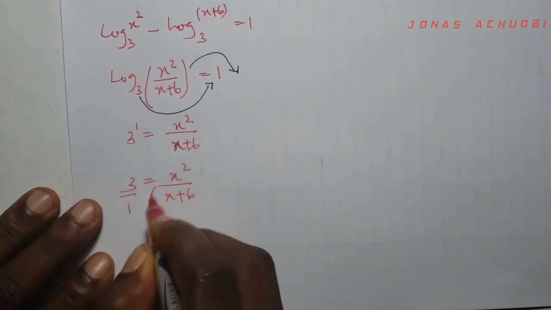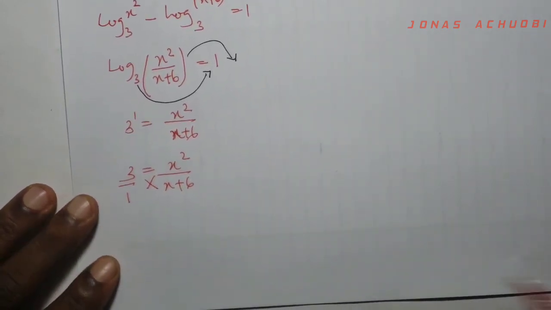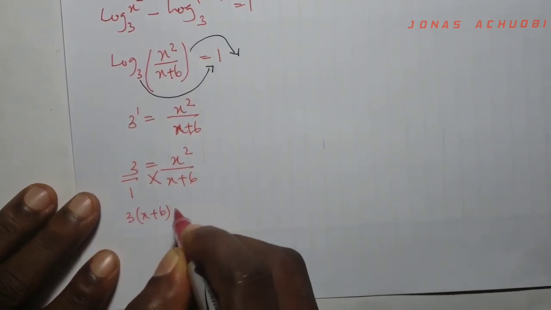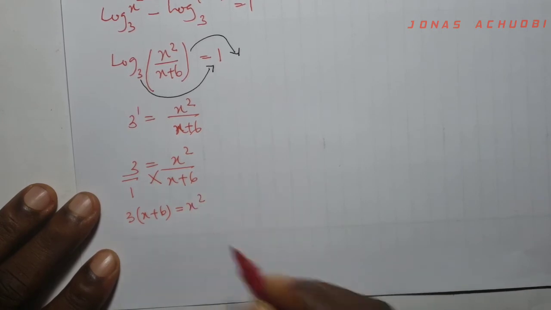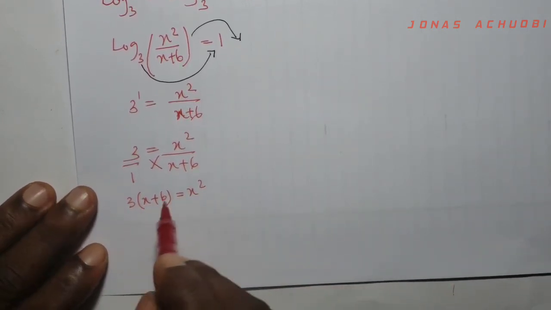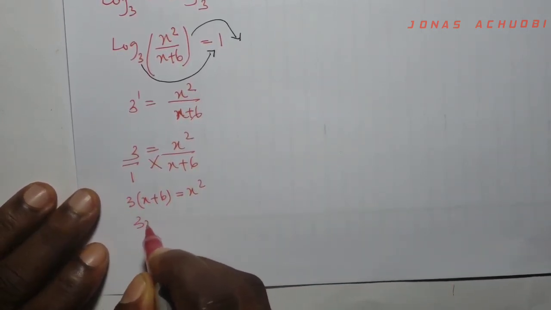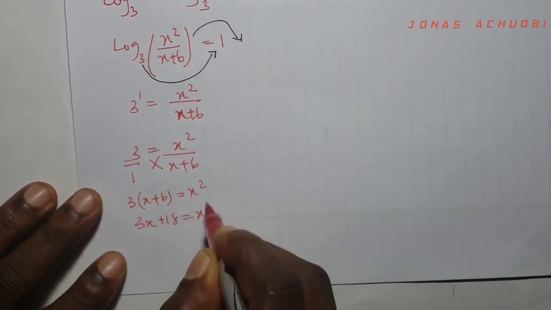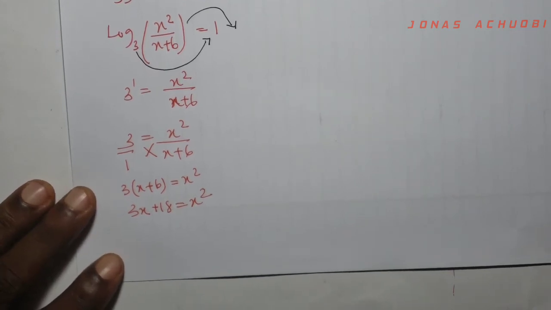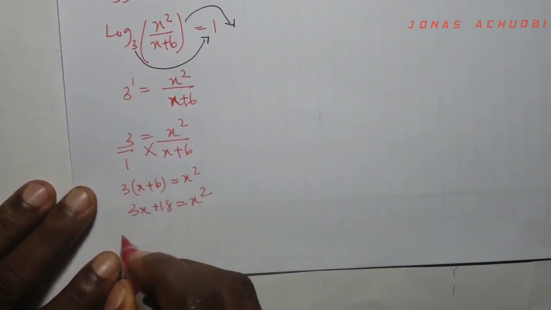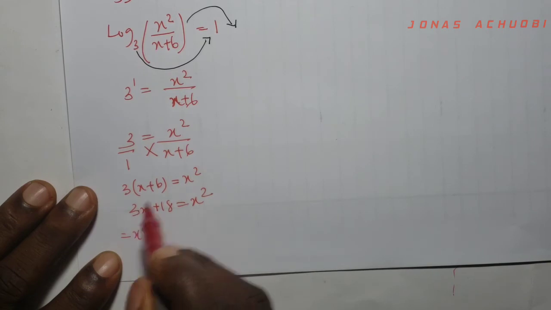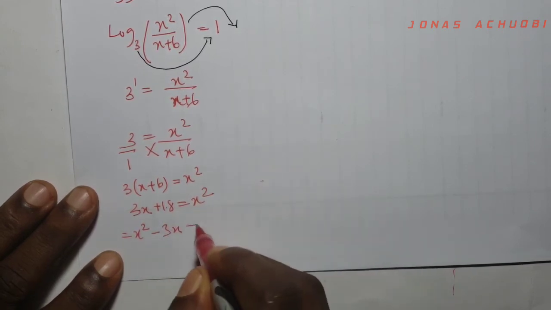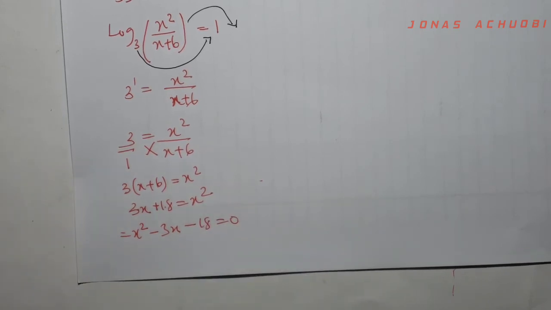Now we can cross multiply here to find the value of x. So that is 3 into x plus 6 equal to 1 times x squared is x squared. And if we open the bracket here, we have 3 times x is 3x, 3 times 6 is plus 18 equal to x squared. Again, I'm seeing something quadratic. So that becomes x squared, 3x to the right becomes negative 3x, 18 to the right becomes negative 18 equal to 0.